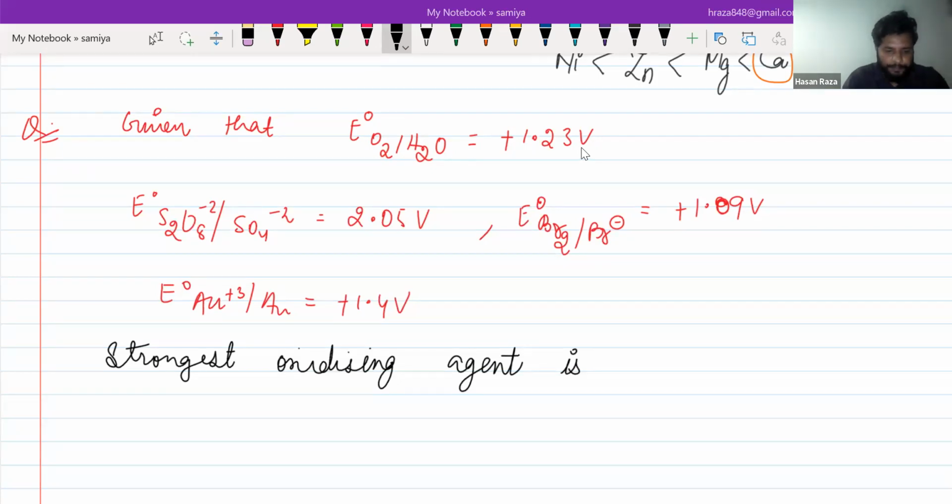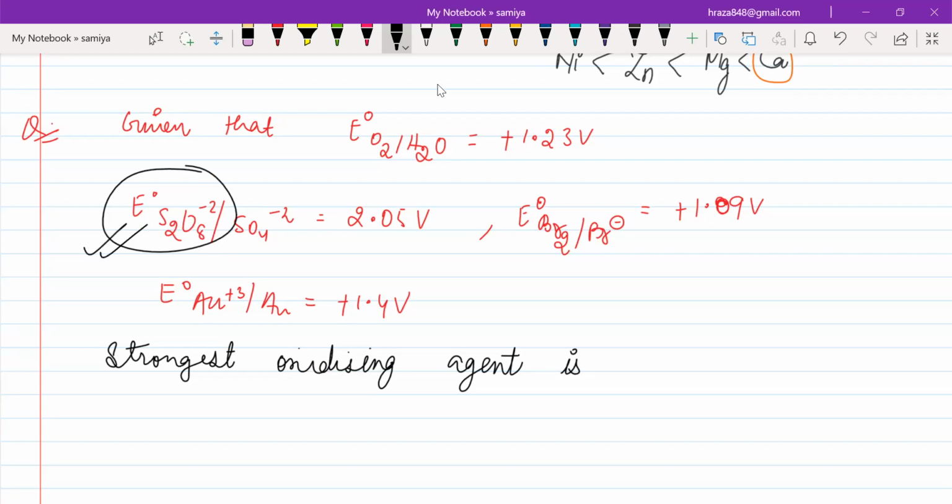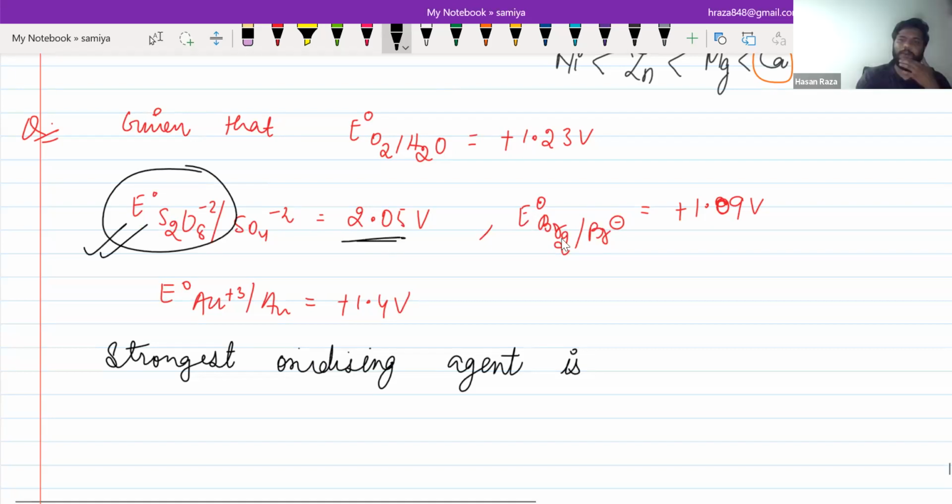Yes, S2O8 minus 2. Because you can see that it is in positive, so most oxidizing agent is this. Very good, everyone. So we have done this question, and this question.